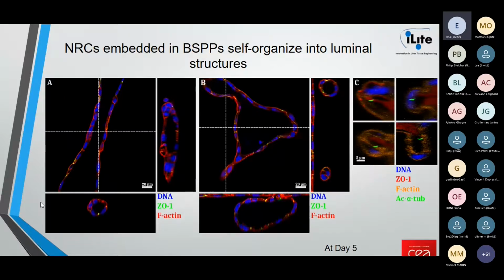And finally, on C, what you can see is the staining of acetylated alpha-tubulin, the main component of primary cilia. We are very happy to see that the cells were well polarized, with the primary cilia facing the lumen, as you can see in those pictures.